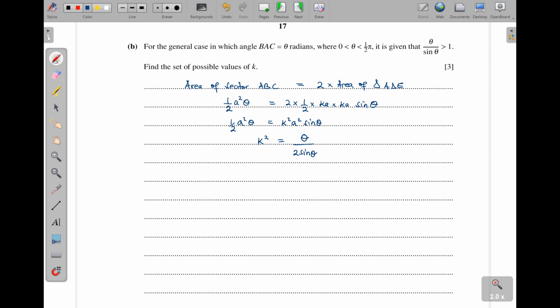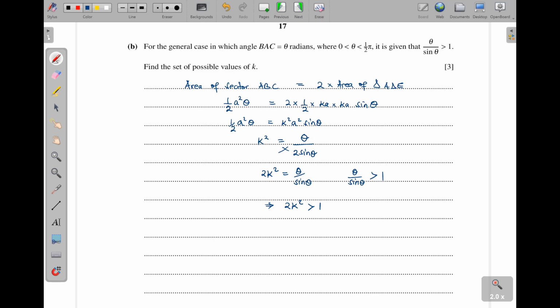You see that? Now, they said that theta over sine theta has to be greater than 1. You first cross multiply, and then you have 2k squared equal to theta over sine theta. So since theta over sine theta has to be greater than 1, that means our 2k squared must be greater than 1.